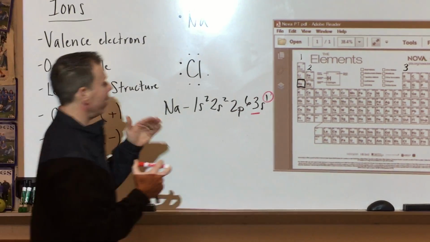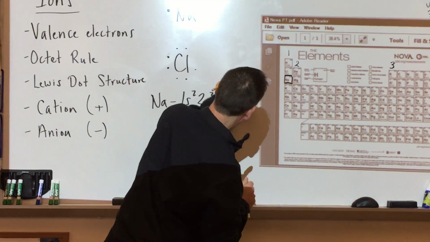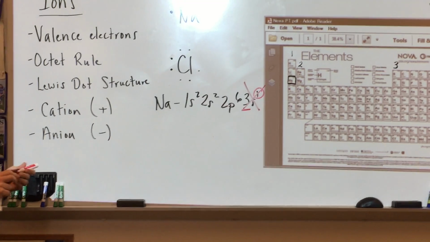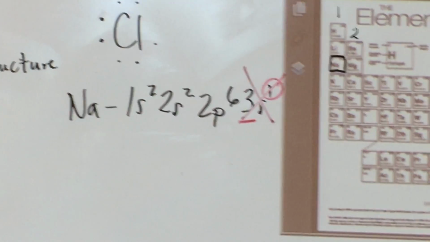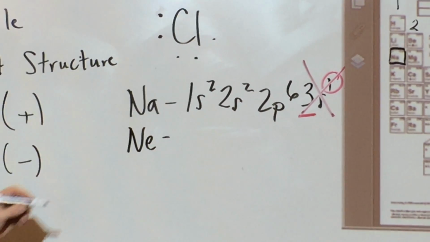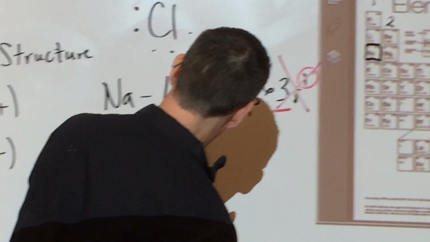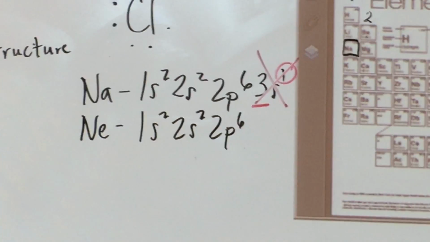So it is going to lose that electron, and now it looks like neon, because neon is element 10, and it has an electron configuration of that.